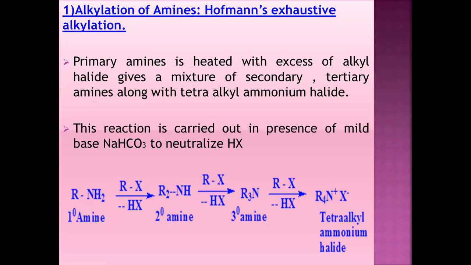Now this reaction is carried out in the presence of a mild base. Which mild base is used here? The mild base is sodium bicarbonate. For what purpose is it used? It is used to neutralize HX, the hydrogen halide, which is obtained as a byproduct during the whole reaction.